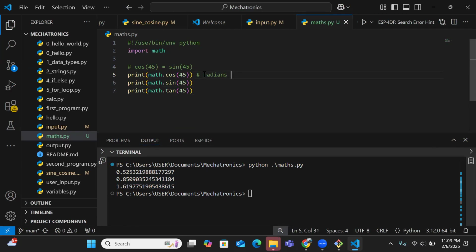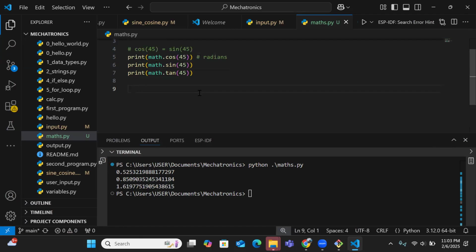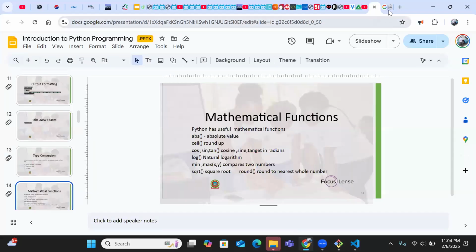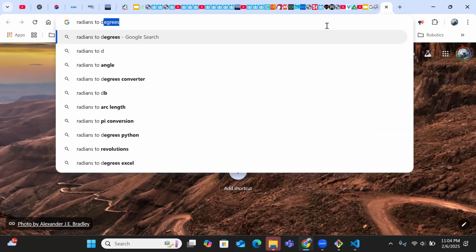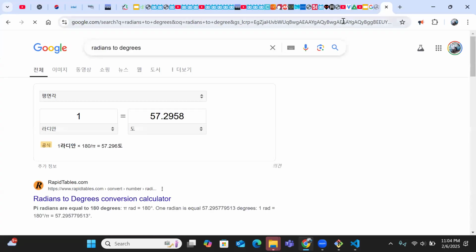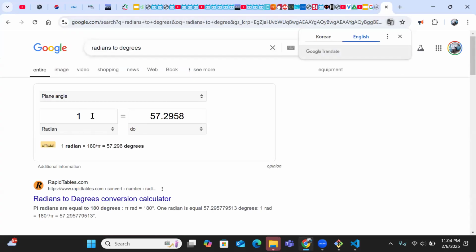Radians. Okay? And those who did maths, how do we convert radians to degrees? You can Google. You multiply by... 1 radian is equal to 180 over pi degrees.